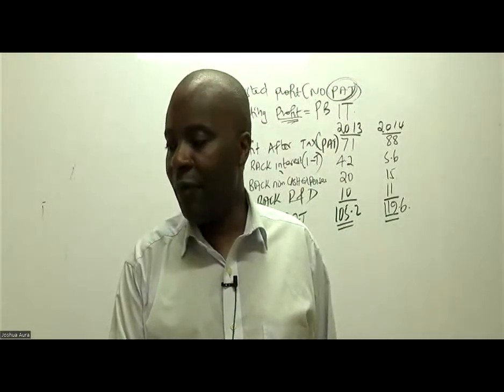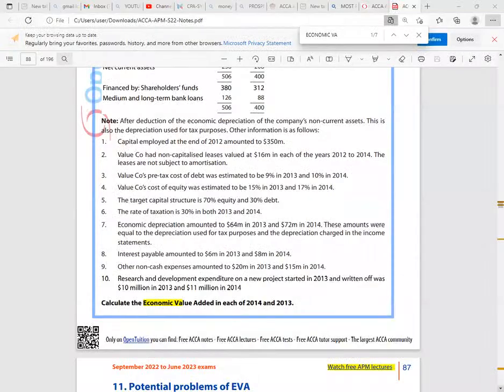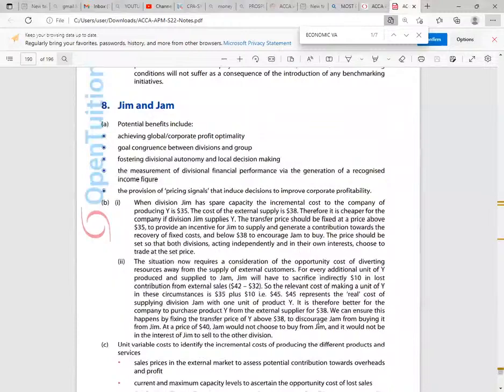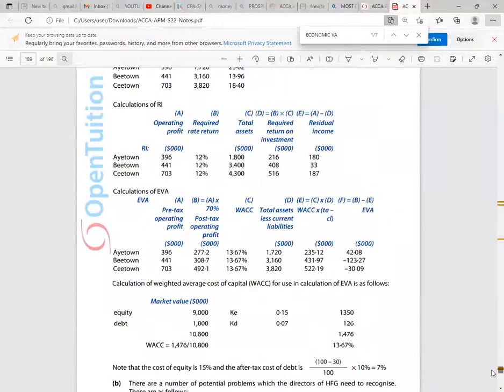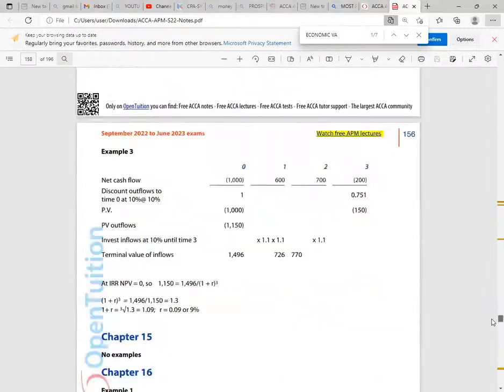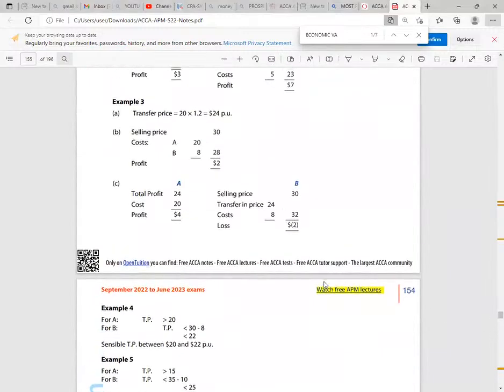Remember, these books I give you have answers at the back. You'll simply scroll down. This is supposed to be chapter 10.